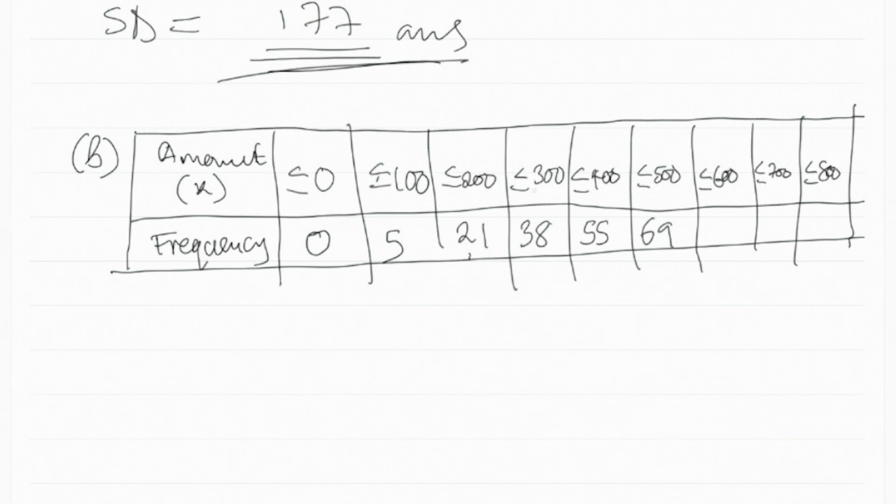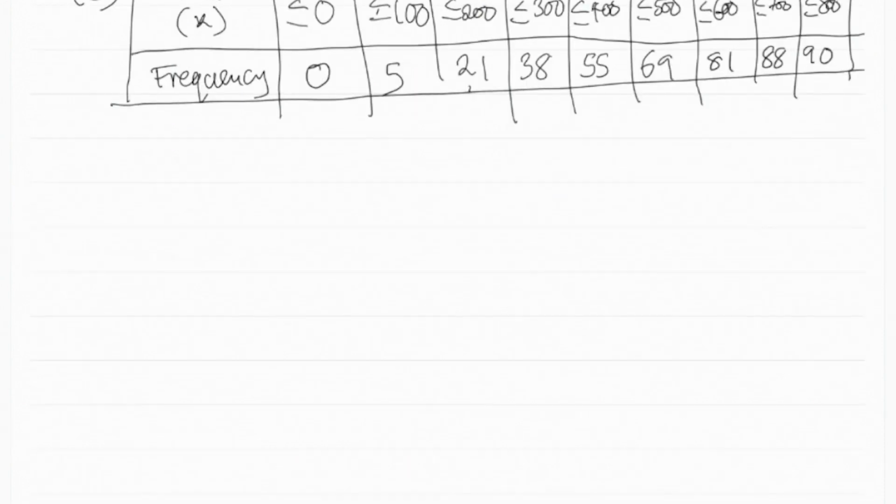Then less than 300, you have 17. You add it to 21, you have 38, and you keep on adding the previous, then you have 55, 69, here you have 81, and then you have 88, and also 90. So we've filled in the table as shown.